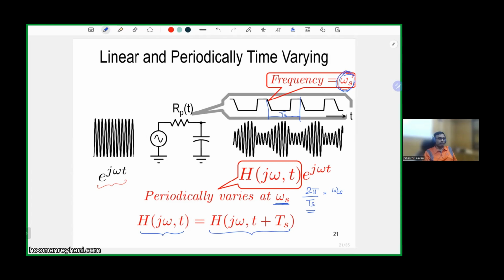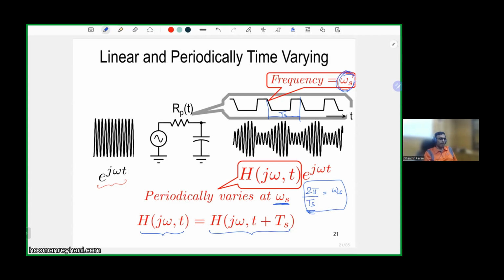Remember again that h of j omega comma t is a complex quantity. All we are saying is that because the system is varying periodically with a period Ts, where 2 pi by Ts is the frequency in radians per second, it follows that the gain is varying periodically with time.